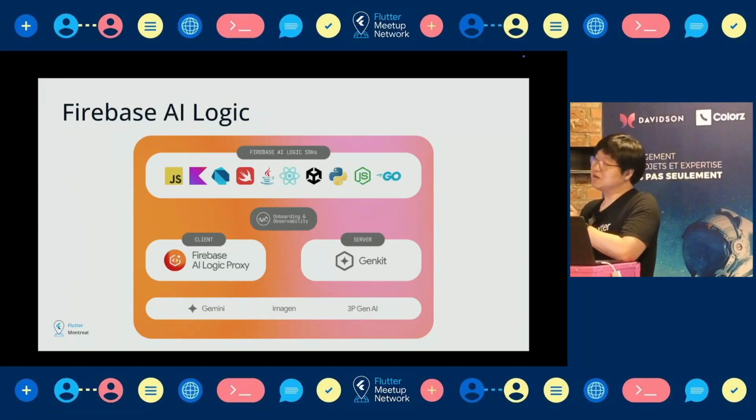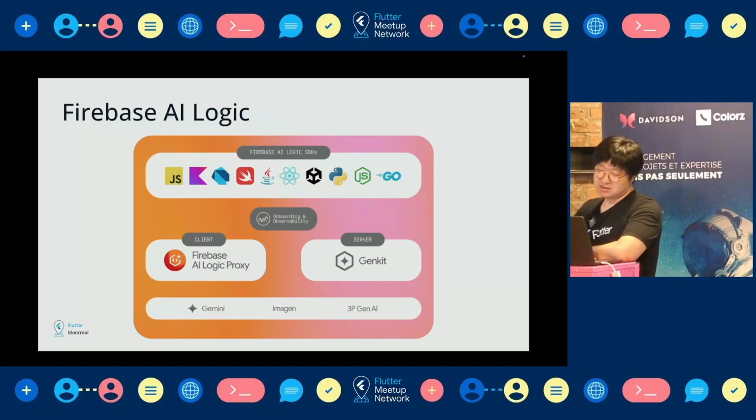The good thing about it is you can leverage all the Firebase features, like the security we mentioned. You don't need to worry about the API key. It just uses Firebase Auth to use the AI. And it also has App Check, so if there's any kind of bad traffic, Firebase will be able to filter it out.